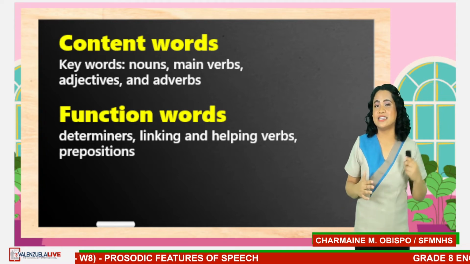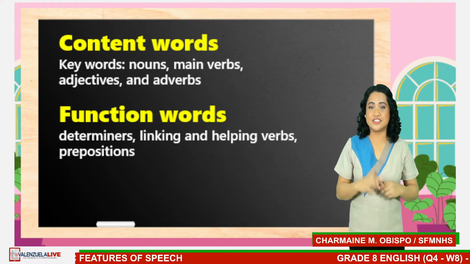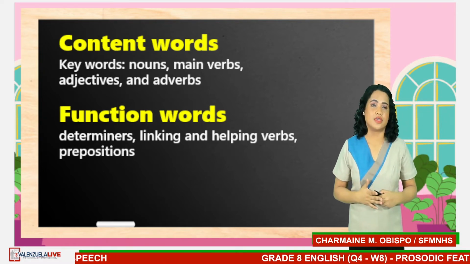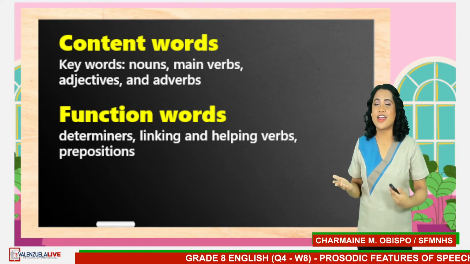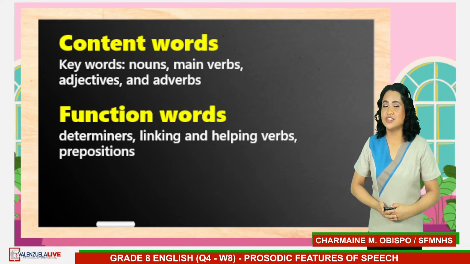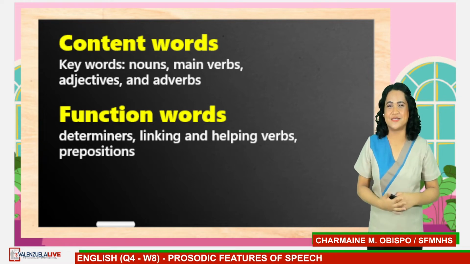They give the sentence its correct form, its structure. They are determiners, or words like a, and, the, or linking and helping verbs such as is, are, was, and were. And also prepositions like to, from, in, on, and at.